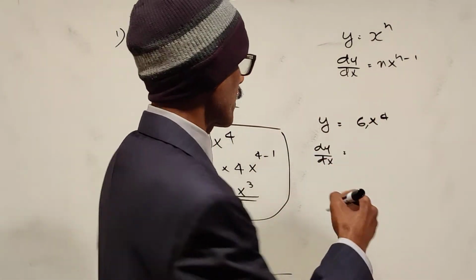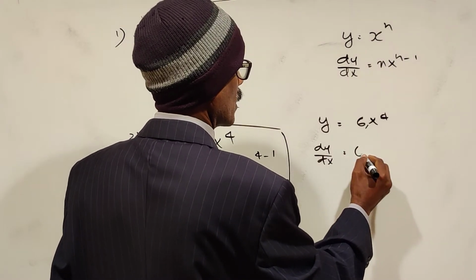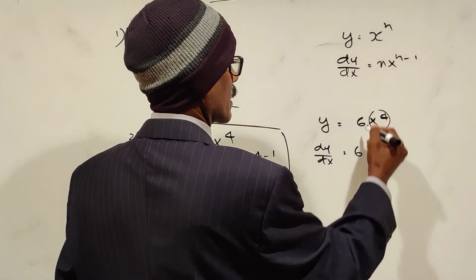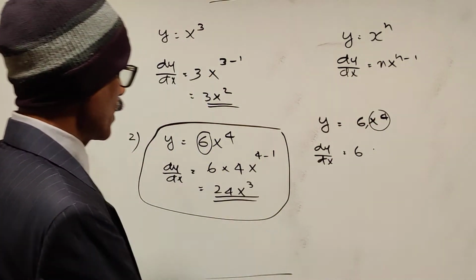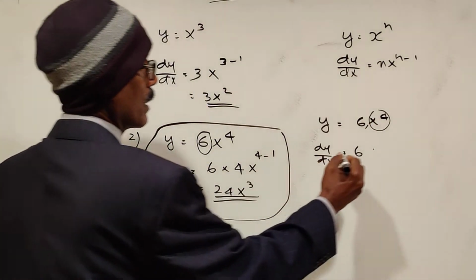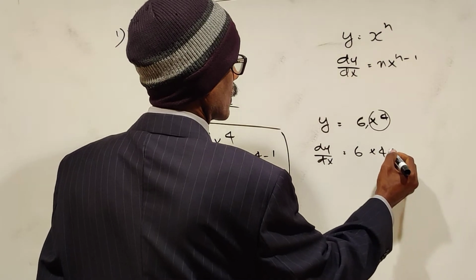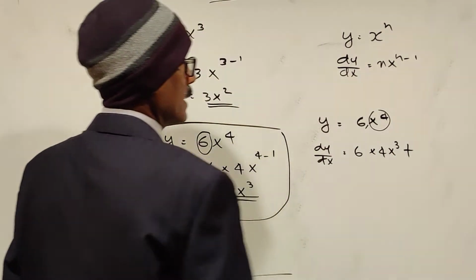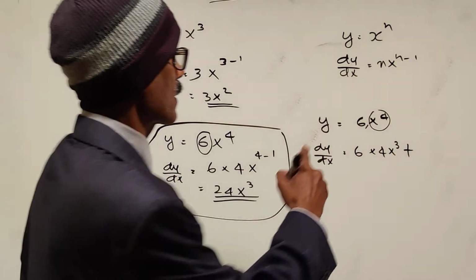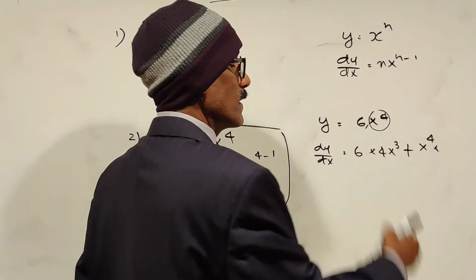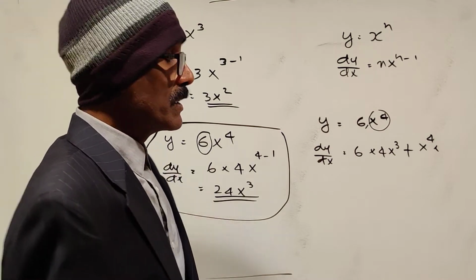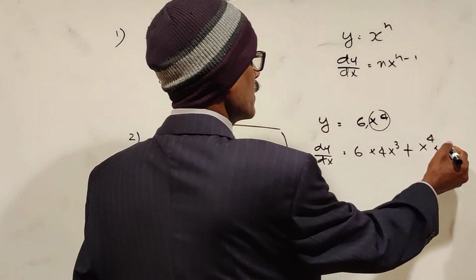Apply the product rule: first function into derivative of the second, which is 6 times 4x cube, plus second function into derivative of first, which is x raised to 4 times the derivative of 6. The derivative of 6 is 0.